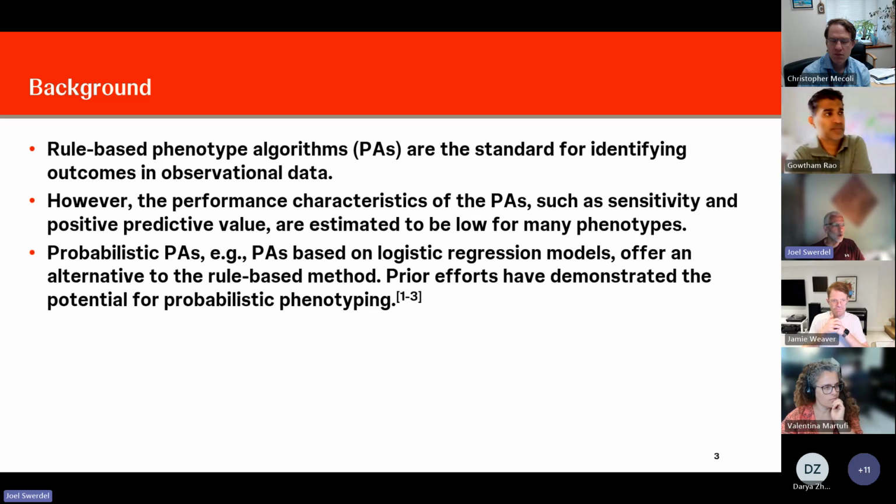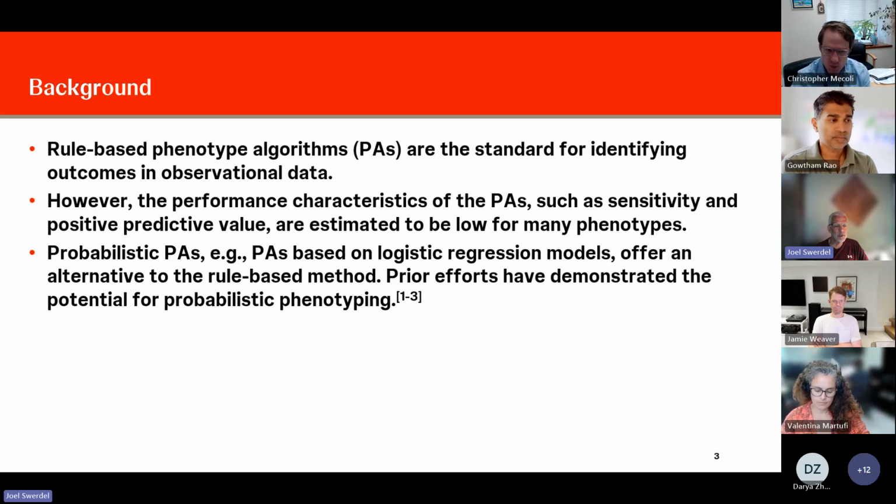We typically use rule-based phenotype algorithms in what we're doing. That's a lot of what we're doing in the phenotype space, especially in this work group. However, we see, especially with Evaluator, that the performance characteristics of these phenotypes are sometimes lacking, especially in sensitivity and positive predictive value. Depending upon the phenotype, some would have lower sensitivity than we might like.